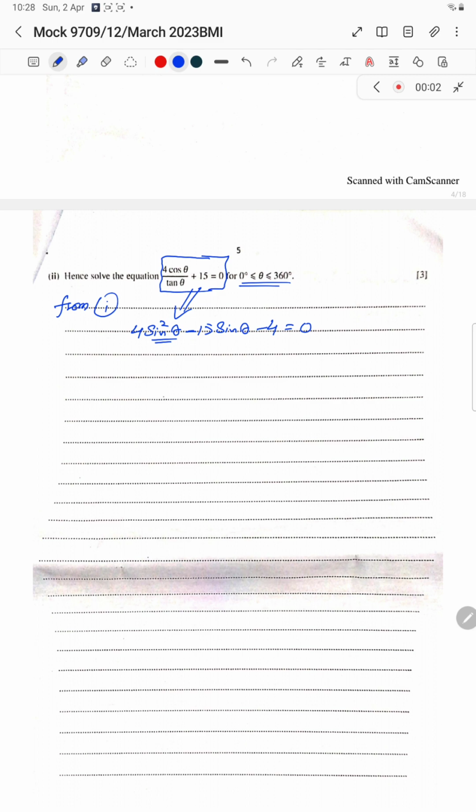So 4 times 4 is 16, I'm going to apply the middle term break rule: 4 sine square theta minus 16 sine theta plus 1 sine theta minus 4 equal to 0. If you take 4 sine theta common, you will get sine theta minus 4, plus 1 times sine theta minus 4.